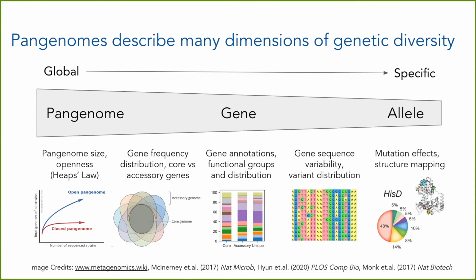And then finally, at the most specific allele or sequence variant level, we can begin analyzing individual variants of a given gene observed in the pangenome and how those are distributed through the pangenome. And finally, interpret the individual variations between these variants from a structural standpoint by comparing the position of mutations to structural or domain annotations. So I'll be talking about some methods along this spectrum of scale that have been generalizable enough to apply to a variety of different organisms and allow for comparisons between their pangenomes.